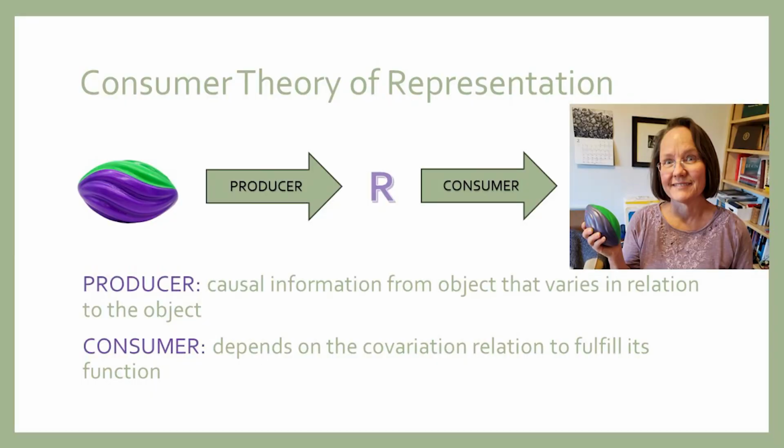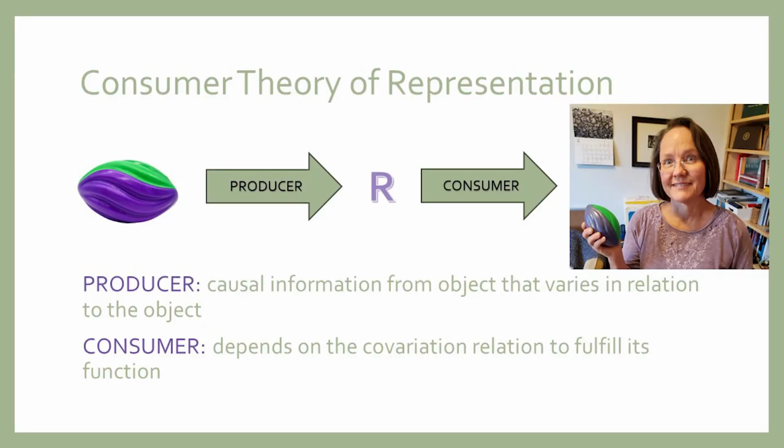In addition to representation producers, which involve causal relations with the object represented, consumers use those representations to perform their functions. So the football is out in the world, generating various stimuli that my visual system processes so that if the football varies in various ways, then my visual system needs to vary according to the ways that it changes. So far, this is basic causal theory.